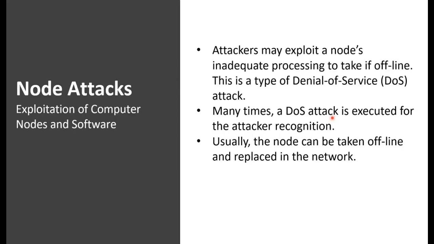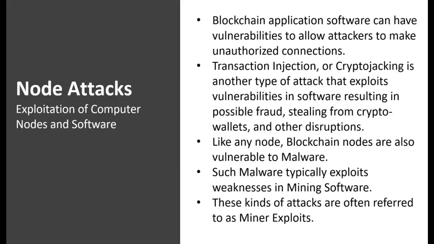So quite often denial of service attacks are a disruption, but they usually don't result in the compromising of user data, network data, or blockchain data. There are exceptions to that, but typically it's done, like I stated, for recognition purposes.